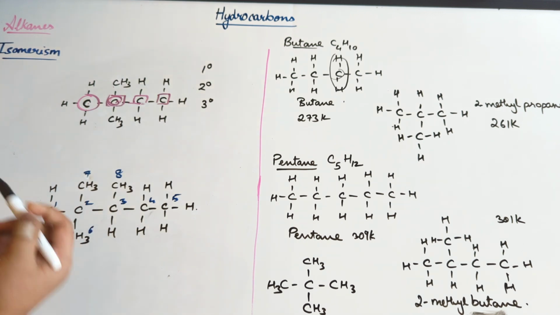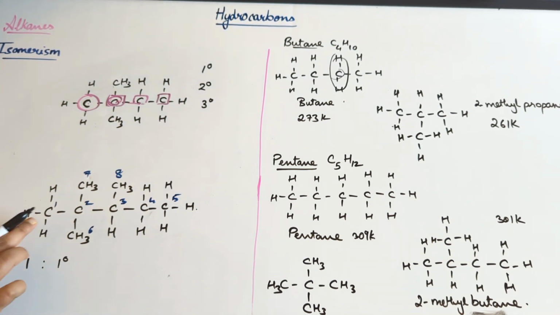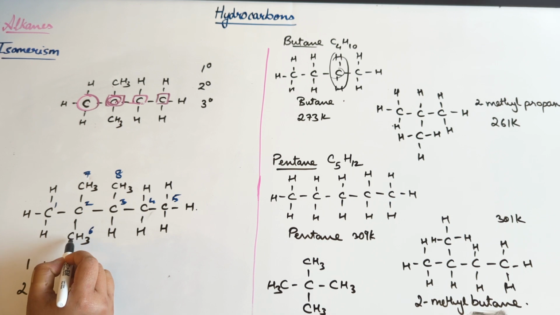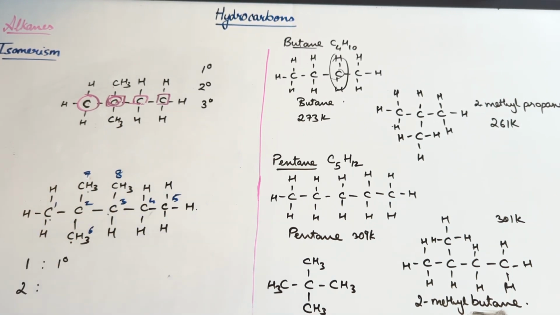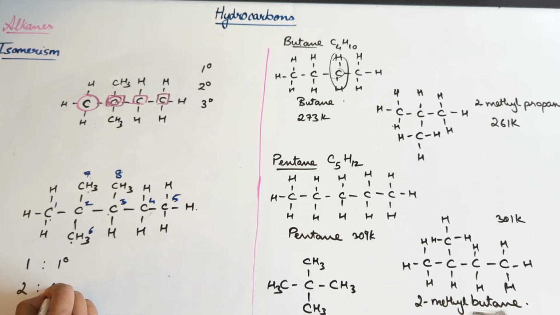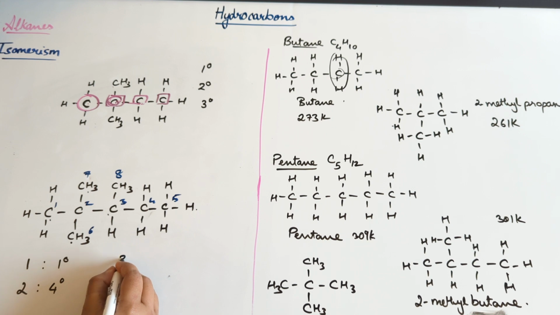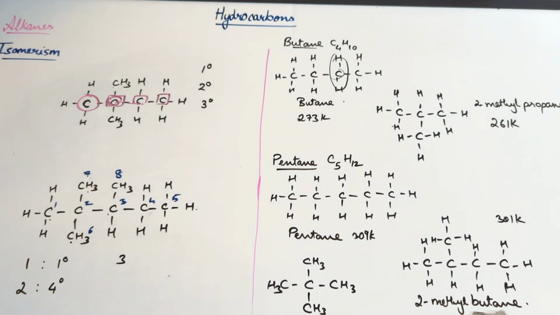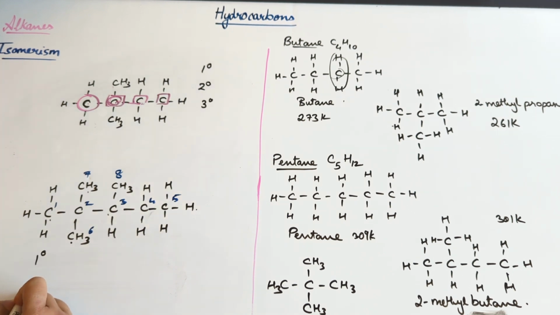So let's look at the first one. The first carbon atom is a primary because it is bound to one other carbon atom. The second one is bound to 1, 2, 3 and 4 carbon atoms, which means it's a quaternary carbon atom. Primary, secondary, tertiary and quaternary.